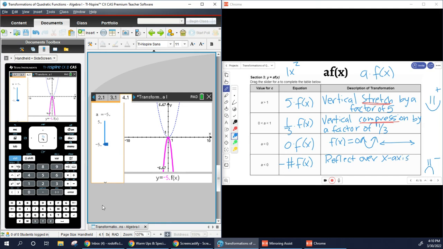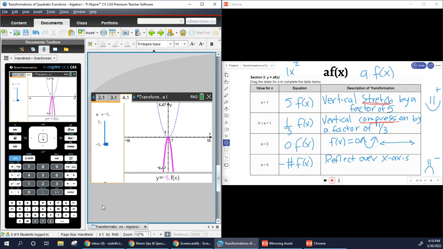Or it's going to be upside down, or it's going to flip, or whatever you want to call it. But I like to think of it as if someone is positive, it's pointing up, happy face. When someone is negative, sad face, it's pointing downward. Okay? And that's where multiplying by a negative or by a positive points it up or down.